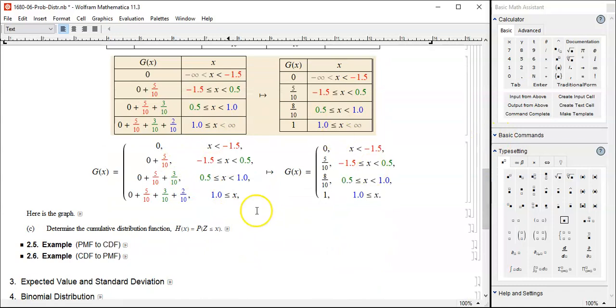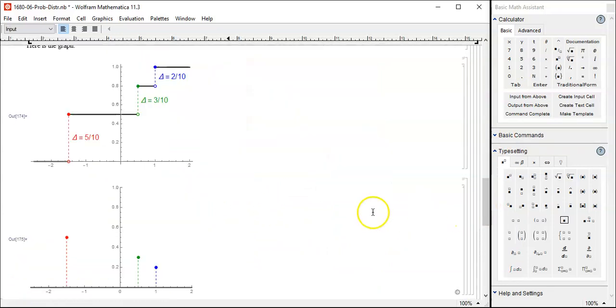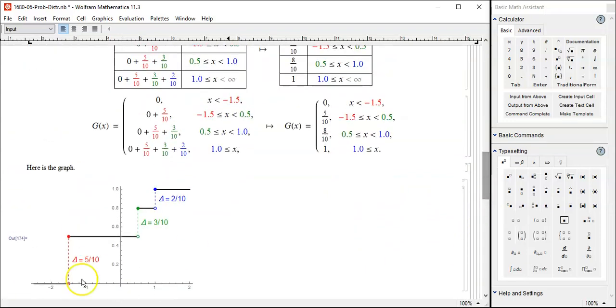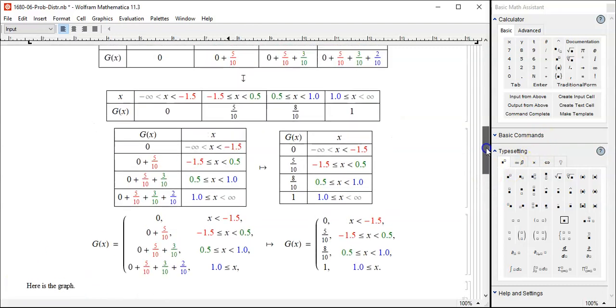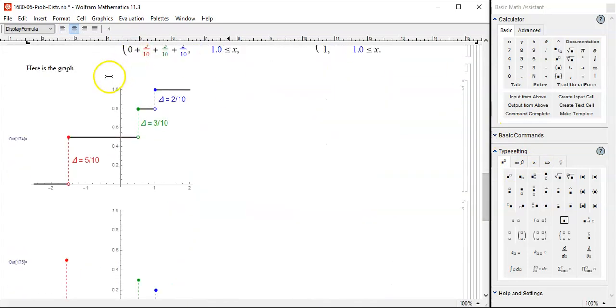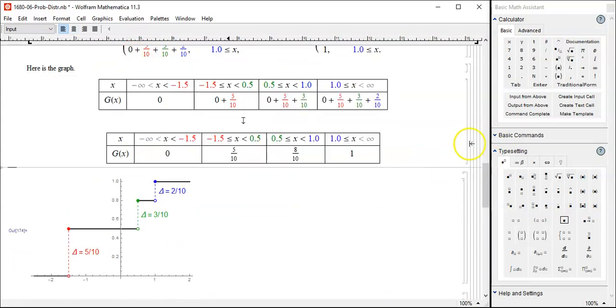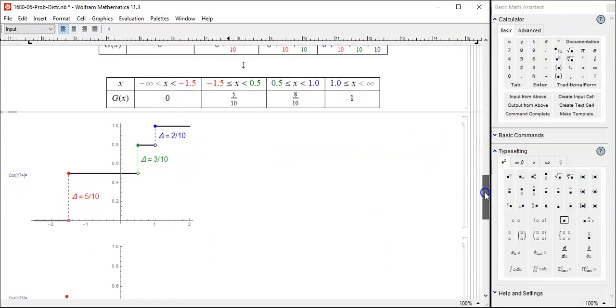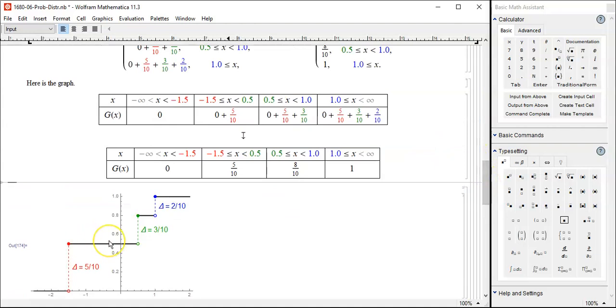Same goes for these piecewise expression. And finally, here's the graph. Less than negative 1.5, nothing there, so that's 0. Okay.